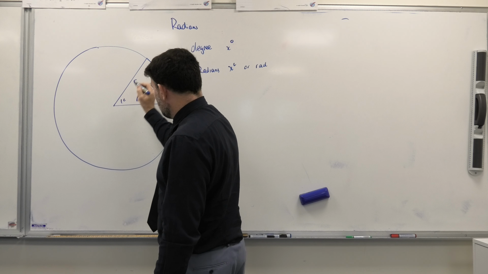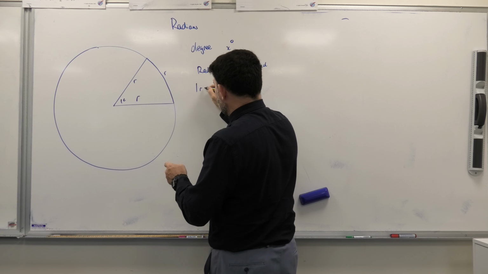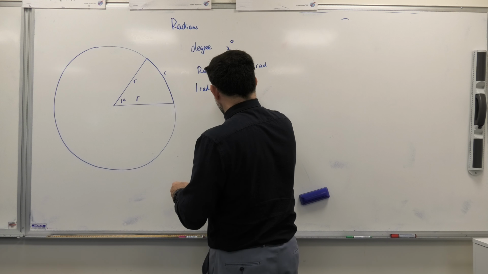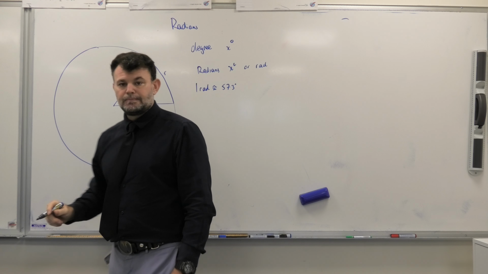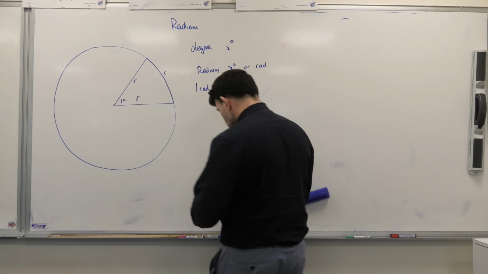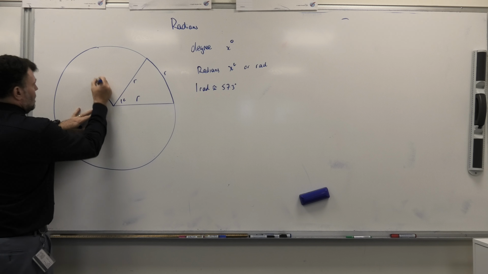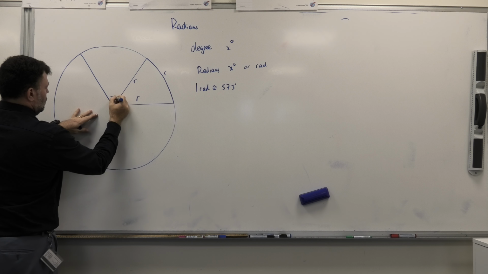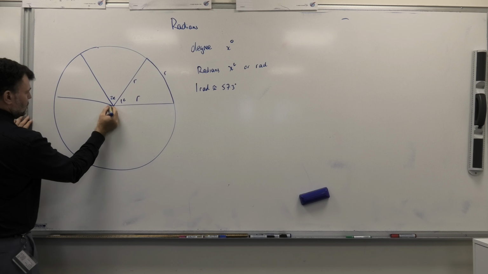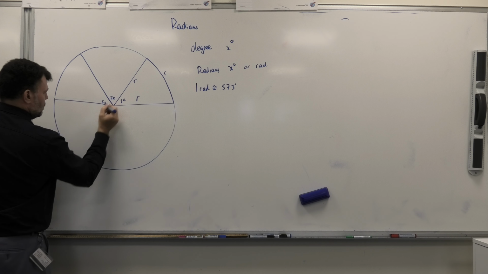So we have 1 radian, and what we do know is that 1 radian is equal to approximately 57.3 degrees. So what does that tell me? Well, that tells me that I could fit a second radian here, which is what we call 2 radians, and then I could fit a third radian, which would be 3 radians.